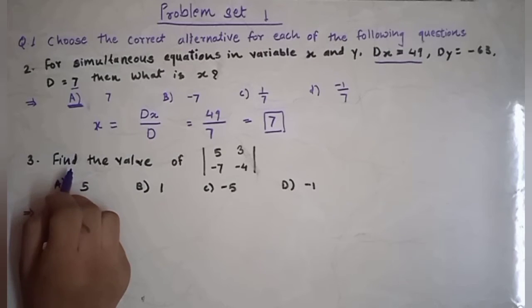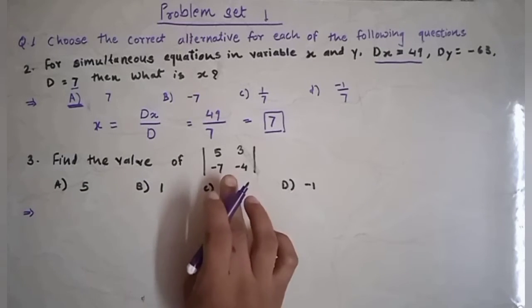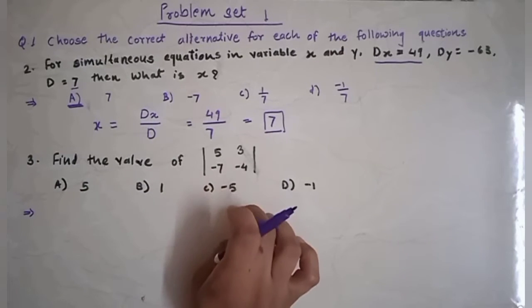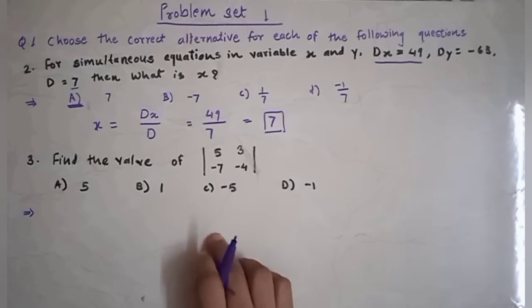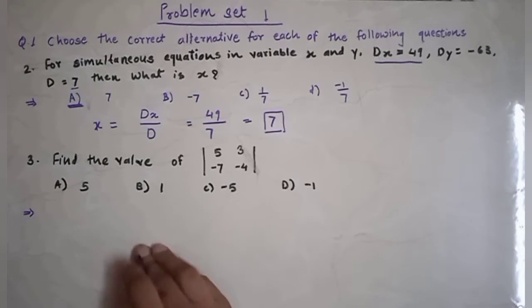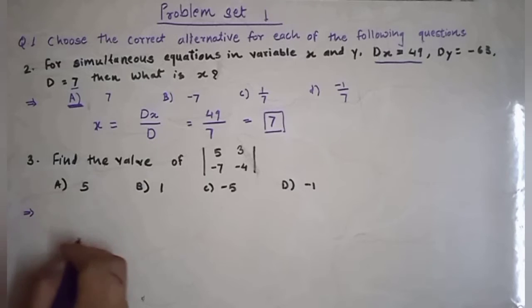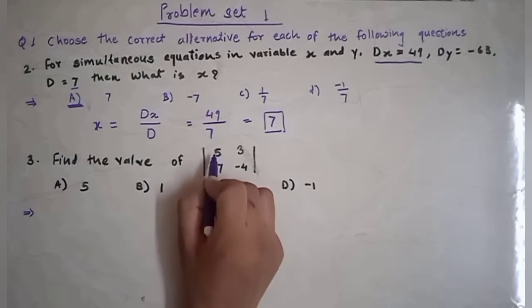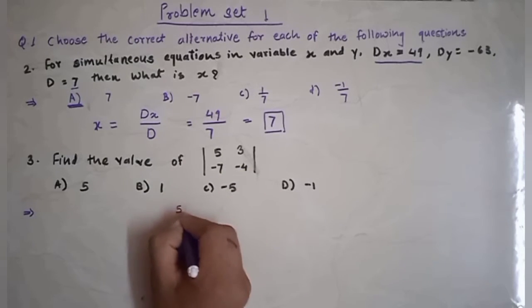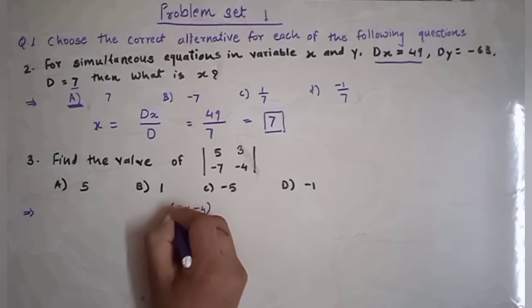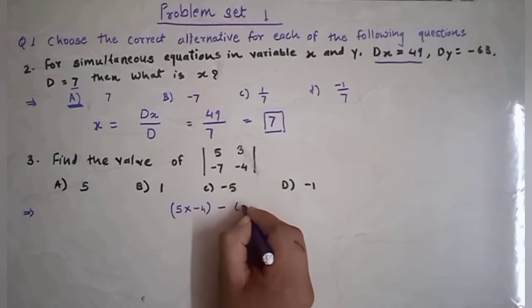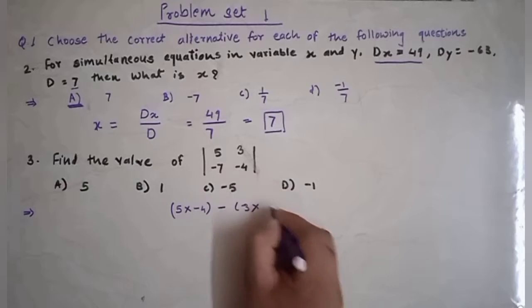Find the value of the determinant. Options are following, and take down the cross multiplication. When we are going to find the determinant, we take the cross multiplication. So 5 into minus 4 minus 3 into minus 7.